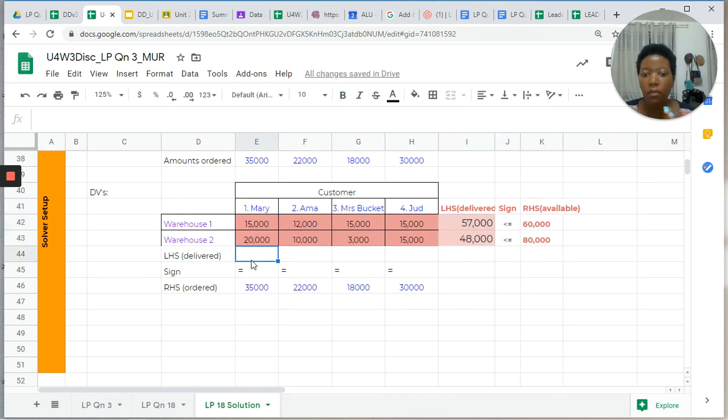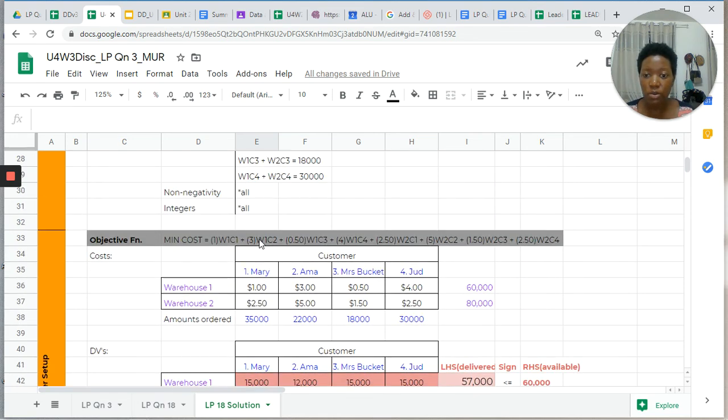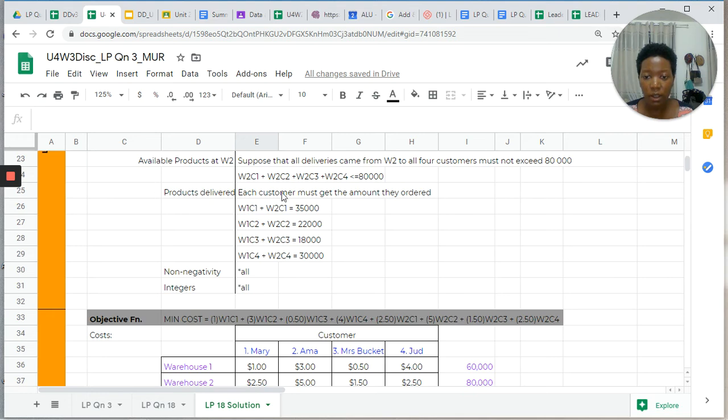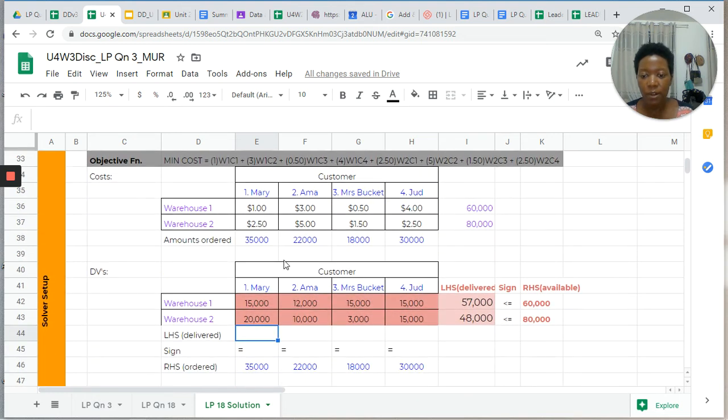Now, for my left-hand side, if Mary has ordered 35,000, then what gets delivered must equal 35,000. And remember, her deliveries can come from both warehouses. You can also refer to the constraints in the setup. So warehouse 1 C1 plus warehouse 2 C1 must equal 35,000.